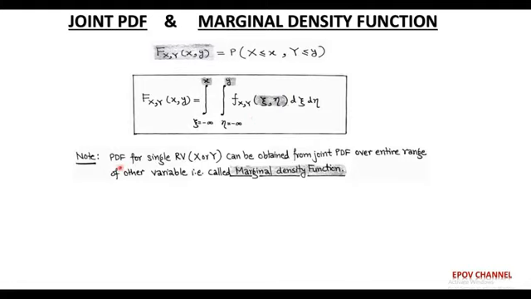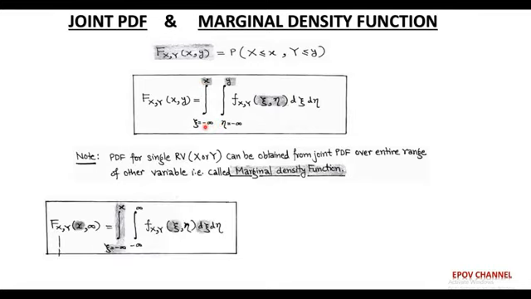Now, to obtain a marginal density function, we simply take a finite range of one random variable. It may be x or y, and put infinite limit to other variable. For example, first we take a finite limit of variable x, that is psi equals to minus infinity to x, and put other limit y tends to infinity.